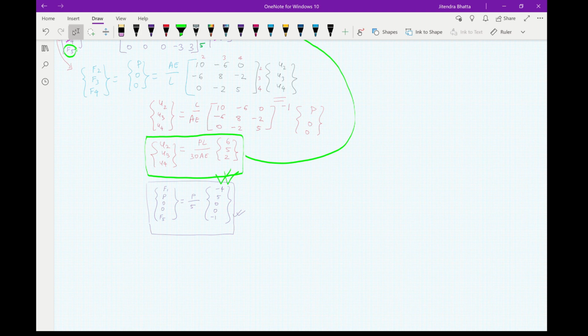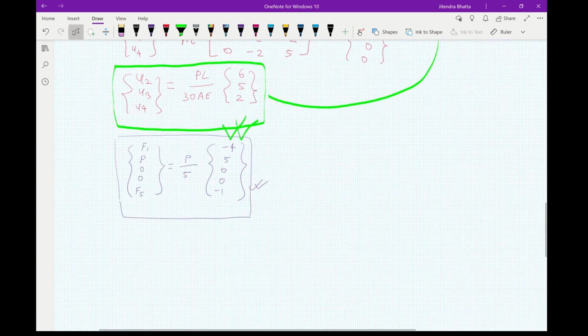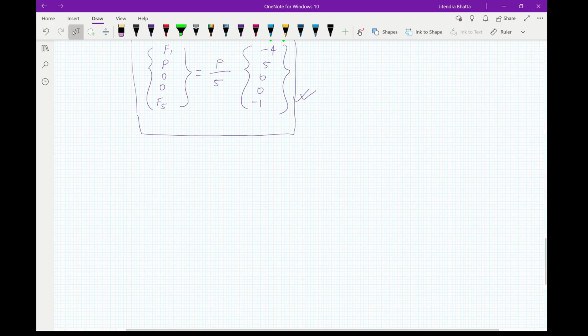If you want to look into further examples of this type of formulation in the bar elements, you can go to my other playlist which is on Abaqus. You can go to chapter 1, springs in series, and rods in series.